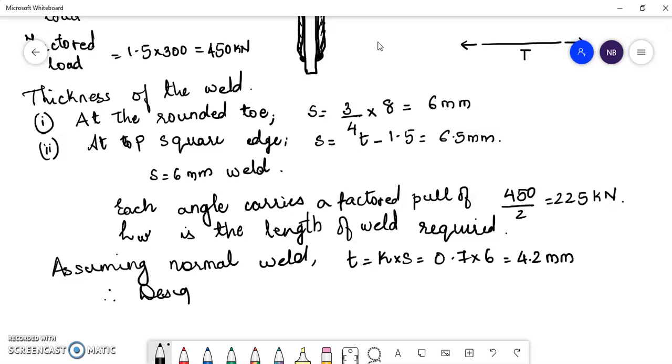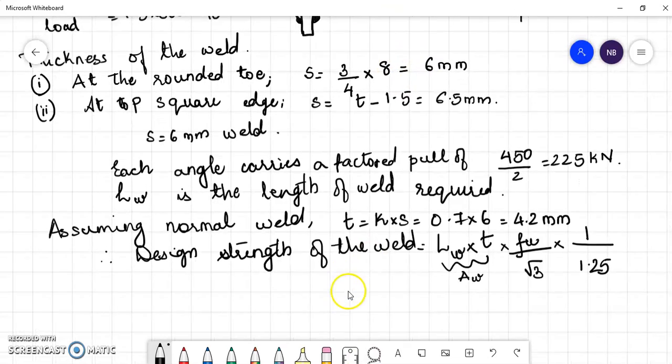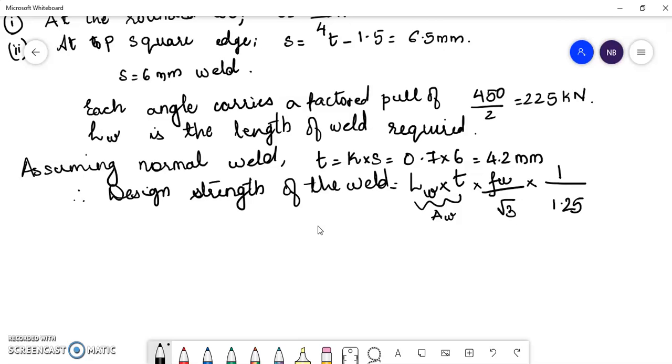The design strength of the weld is given by the area of the weld. Area is given by LW into T. This is the area of the weld, into FU by root 3 into 1 upon the partial safety factor, and the partial safety factor for welds done at the workshop is 1.25.